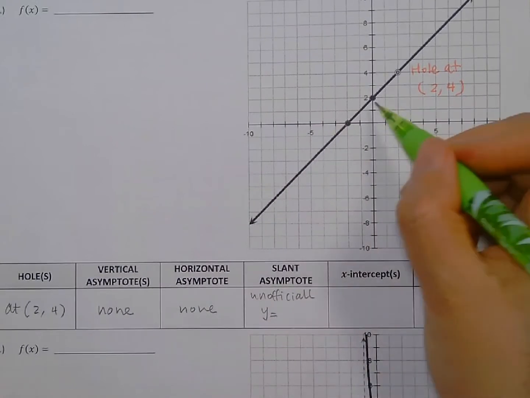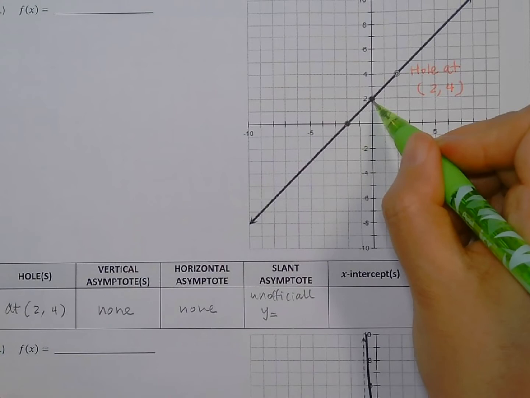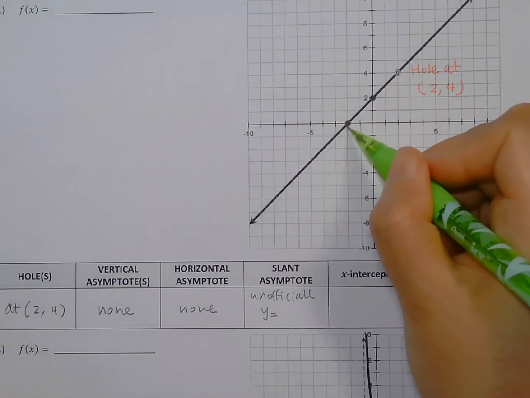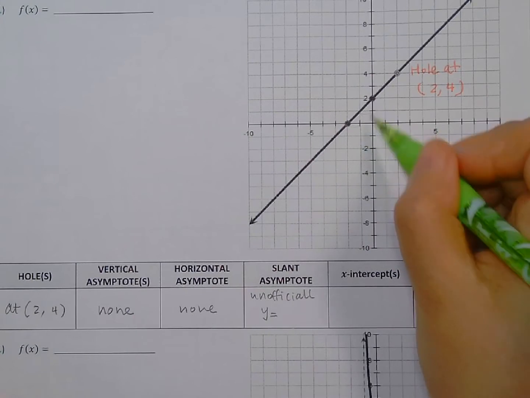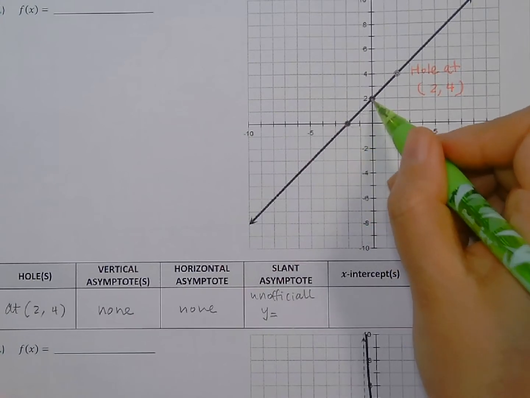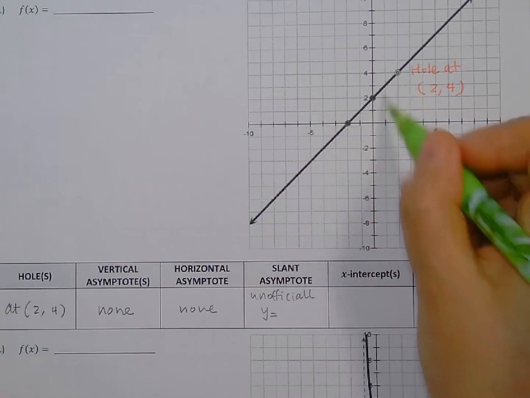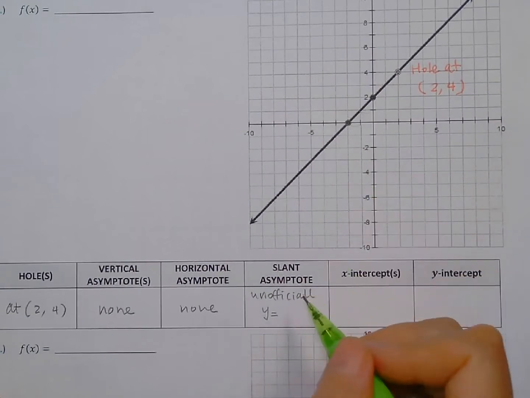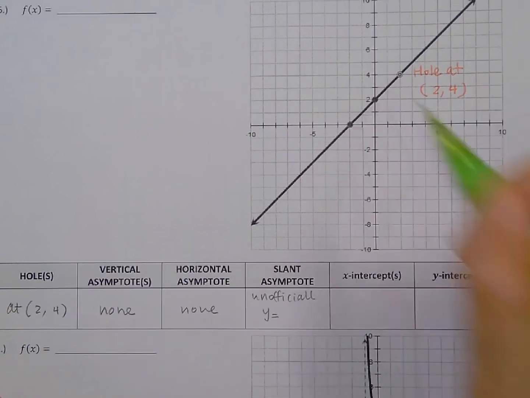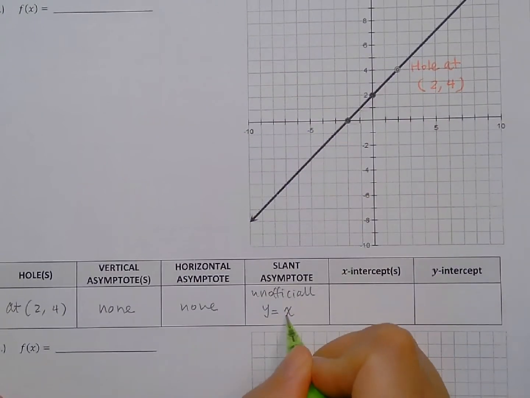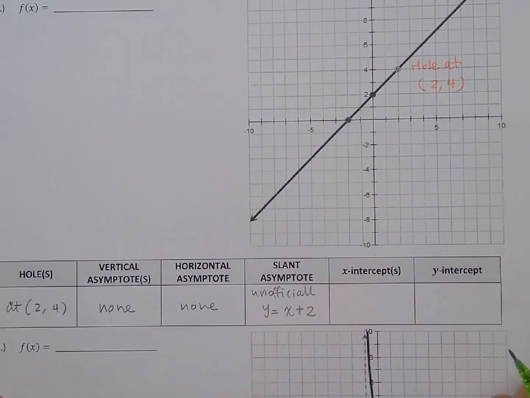So then y-intercept positive 2, and it goes to the right 1 up, 1 to the right 1 up, or to the right 2 up, or 3 to the right 3 up, and so on. So it makes the slope 1, and then y-intercept, so it's x plus 2.